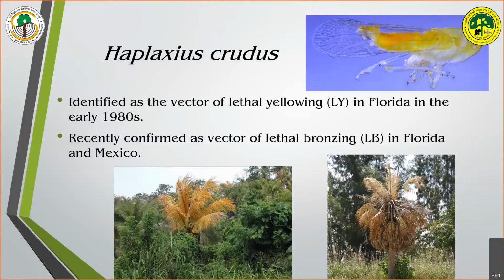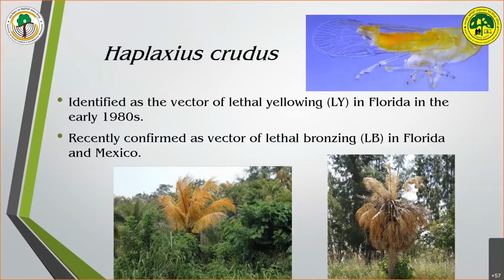So the transmission work done with crudus in the late 70s, early 80s was based off of symptom development and using scanning electron micrograph photos of infected tissue, which is fine, but you can't establish what subgroup it is from an SEM cross section. So it wasn't perfect, but it was what was available at the time.